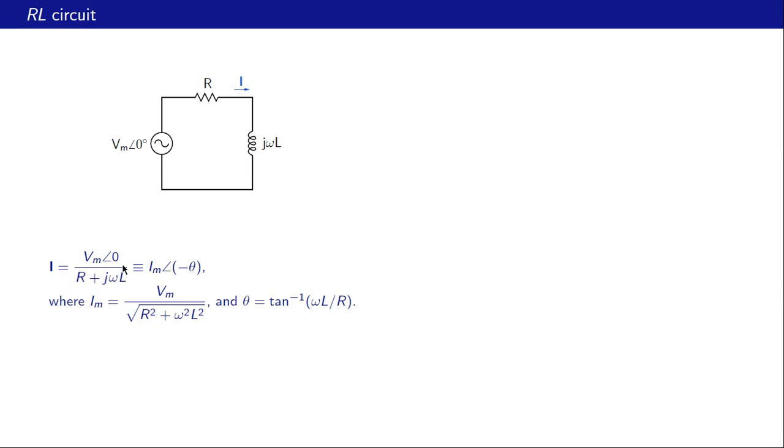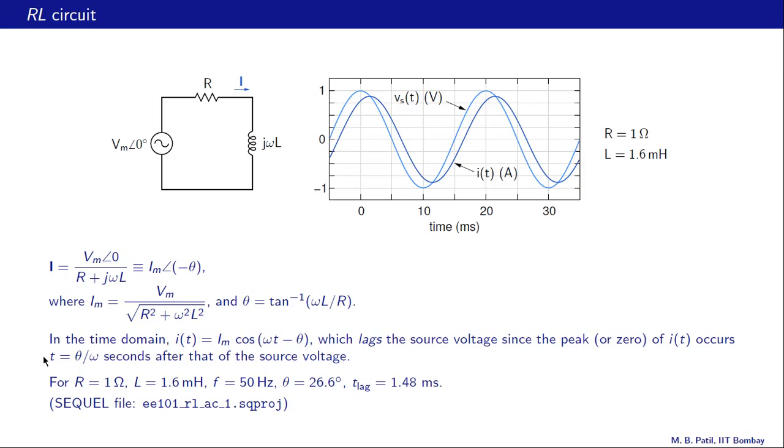So the net angle of I is 0 minus tan inverse of omega L by R. That is how we get this minus sign. So theta here is tan inverse of omega L by R. In the time domain, we have I of t equal to Im cos omega t minus theta. Im is given by this expression and theta is this one.